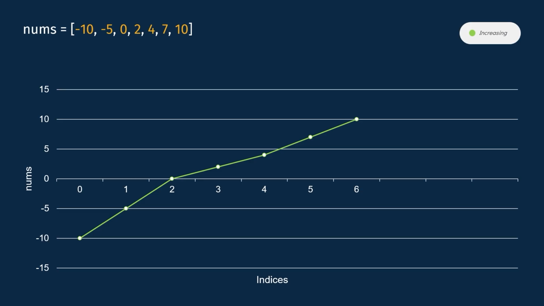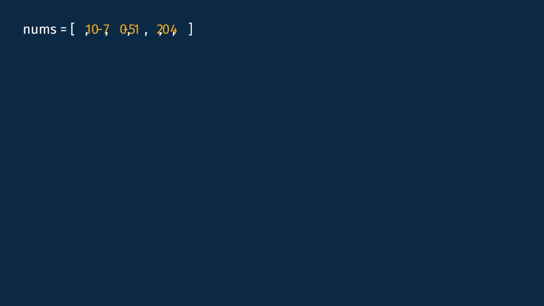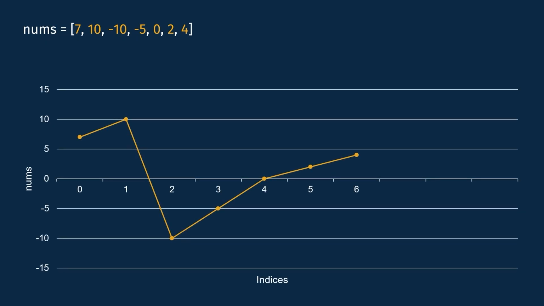Now let's see what happens when we rotate this array. Consider the array nums with the values 7, 10, -10, -5, 0, 2, 4. Let's plot this on the same graph. We have 7 at index 0, 10 at index 1, -10 at index 2, and so on. Now notice what happened.